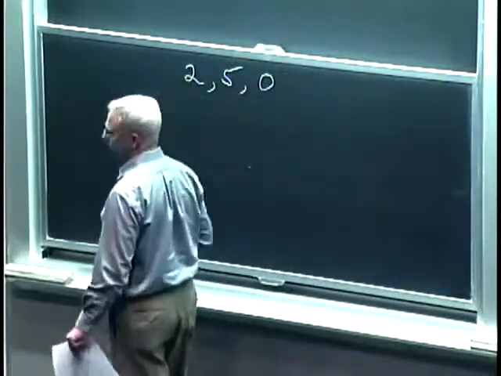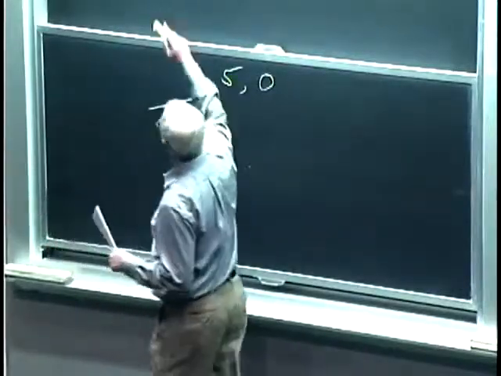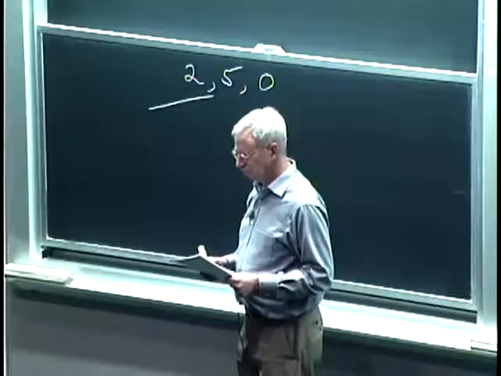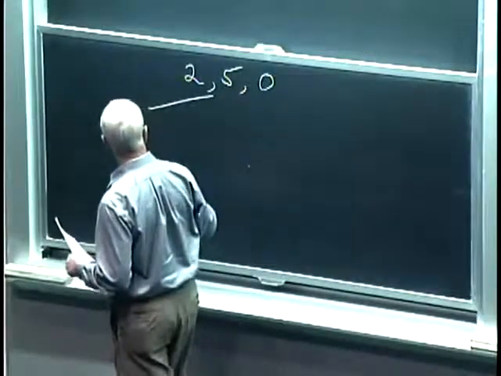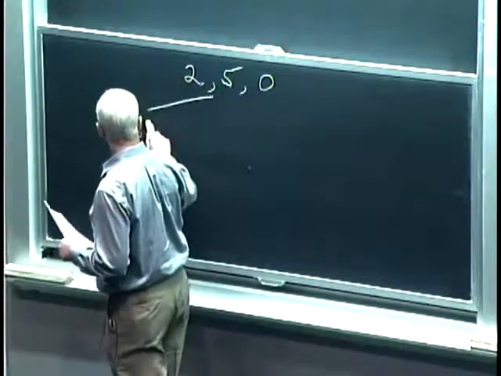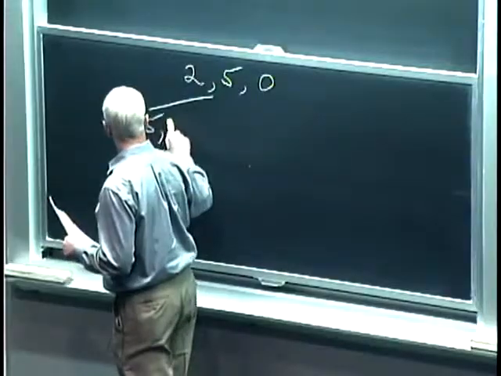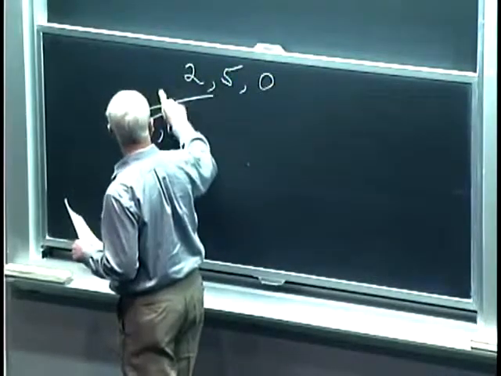And then we made a decision to not put that last item in the backpack, and said if we made that decision, the next item we had to consider was item 1. We still had 5 pounds available, and we still had a value of 0.